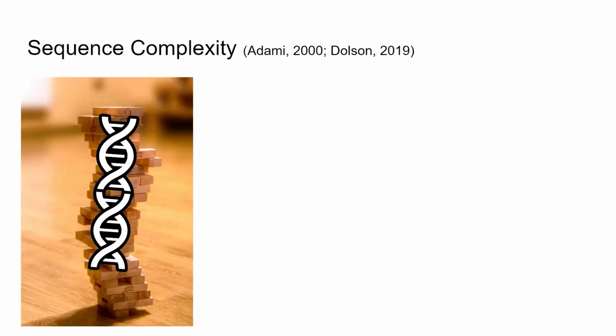In this particular talk, we'll look at one specific complexity measure, sequence complexity, which tries to quantify the number of sites in a genome that are adaptive and contribute to fitness in an evolved organism. A typical approach to measuring sequence complexity uses site-by-site knockouts to count the number of sites that contribute.